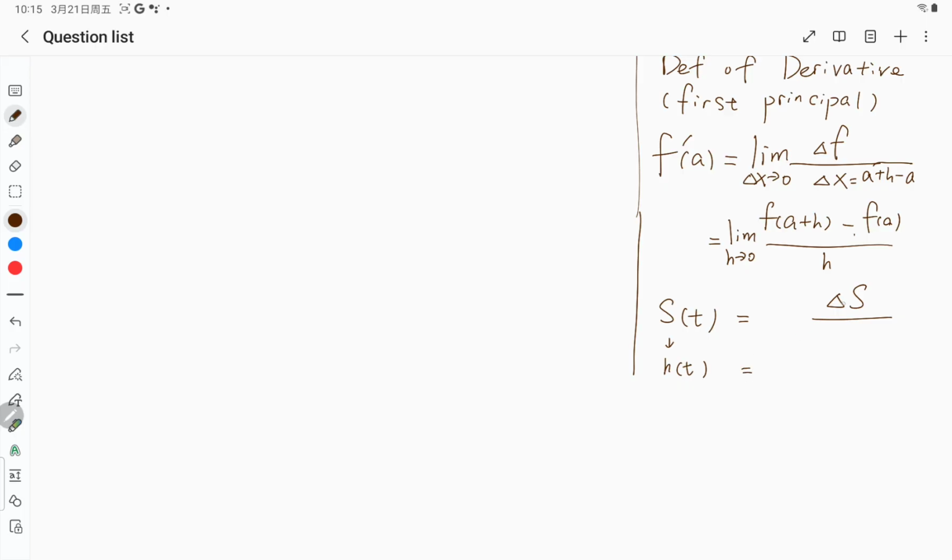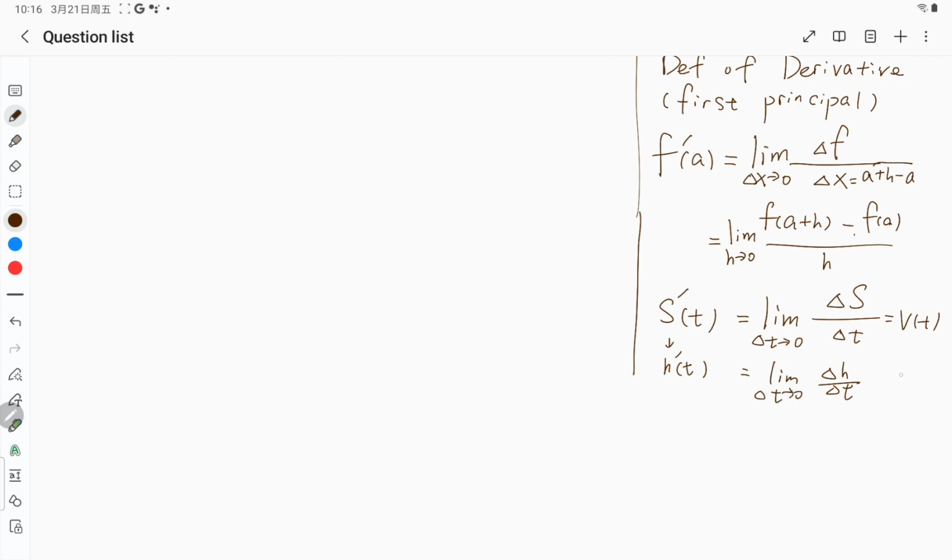So first we have the average rate of change, delta s over delta t. These are basic operations that we know, but when we take the limit, this becomes our derivative, which means the velocity at time t. And similarly we have the height, delta h over delta t.